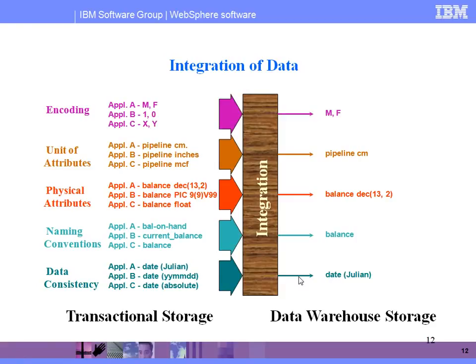We convert heterogeneous and non-integrated data into one single integrated and consolidated format. That is nothing but the integration of data. It means that whatever data we maintain in the data warehouse should be in an integrated format.